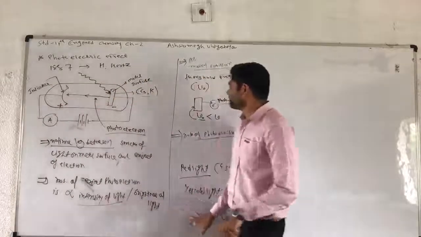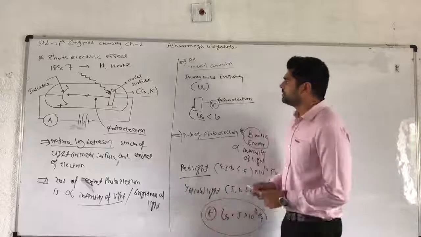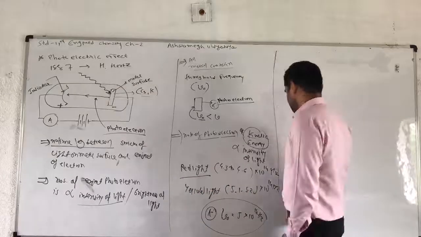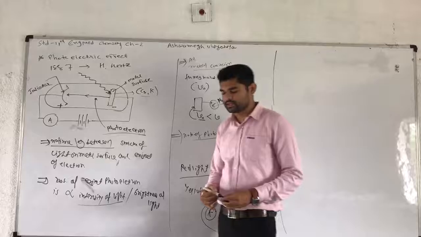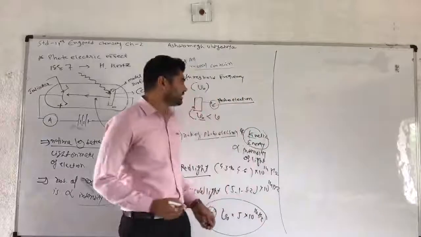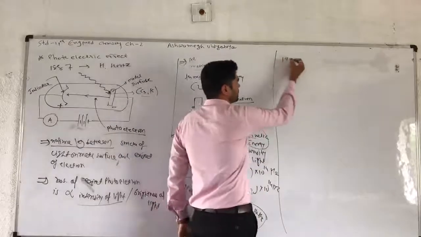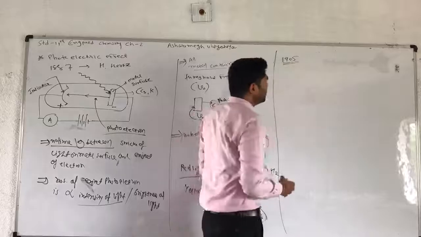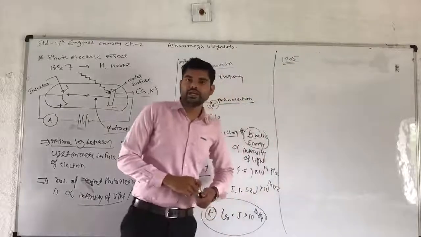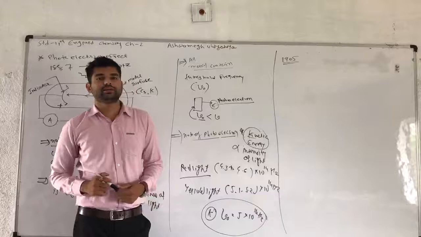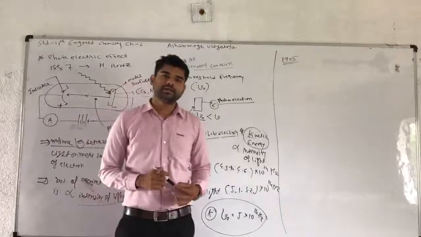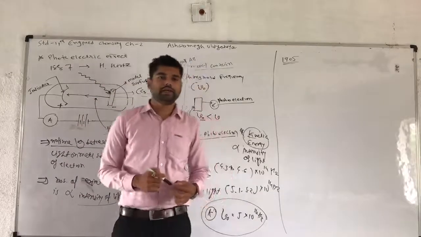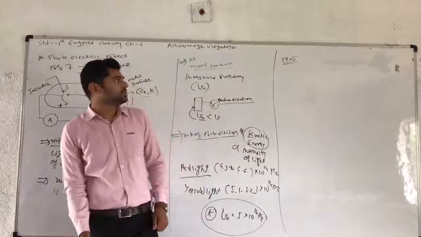After the Hertz experiment, the scientist Einstein, in 1905, explained this photoelectric experiment with the help of Planck's equation.